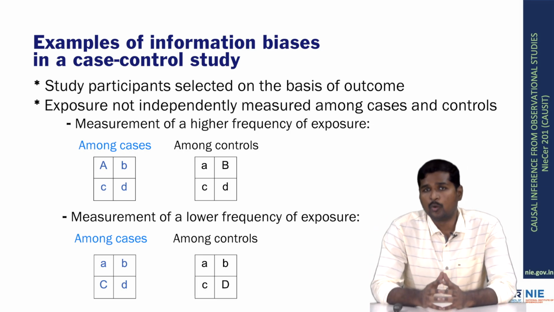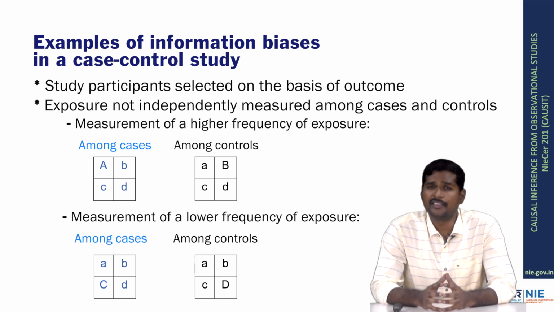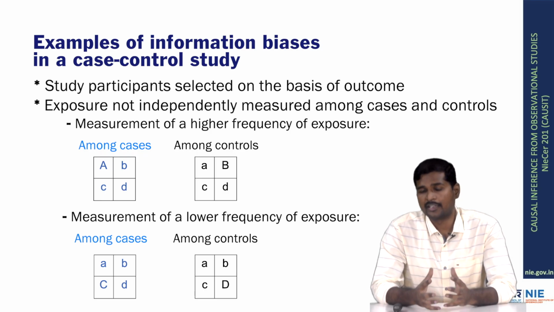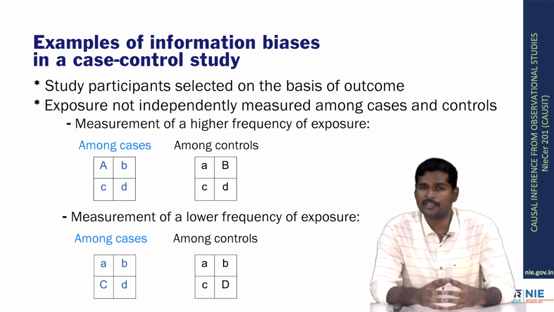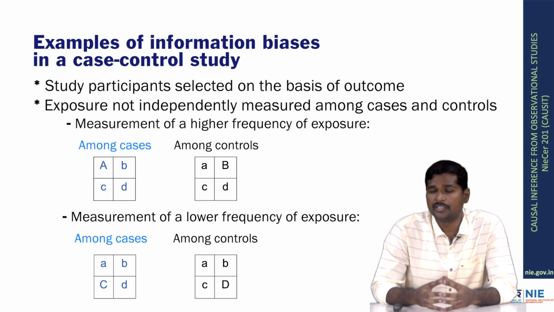Measurement of a lower frequency of exposure also can lead to information bias. As you can see here, if you are not very interested in the frequency of exposure among cases, this must be a protective factor, right? Like vaccination or physical activity or healthy diet. So here you are not interested in the case being exposed. So here you are going to measure a lower frequency of exposure.